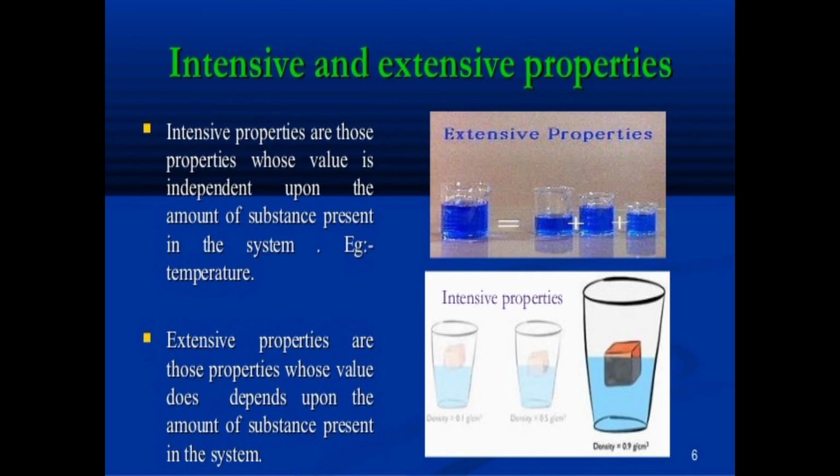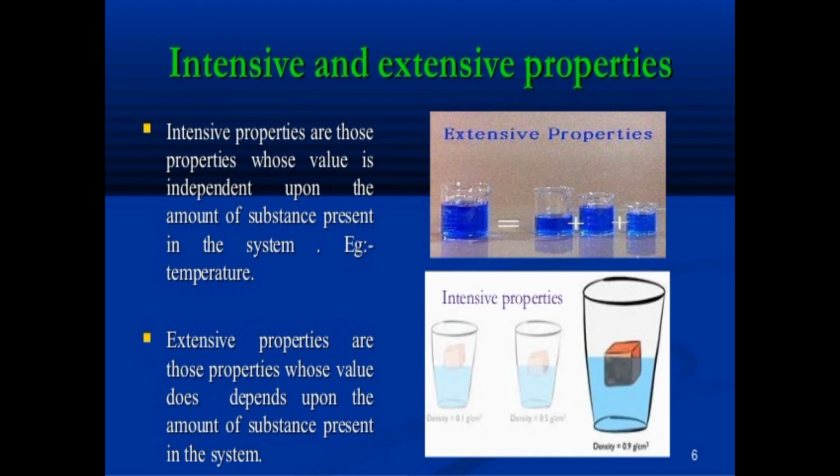Then the next one is intensive and extensive properties. Intensive properties are those properties whose value is independent of the amount of substance present in the system. For example, temperature. If we take any system, the temperature will not depend upon the amount of substance.